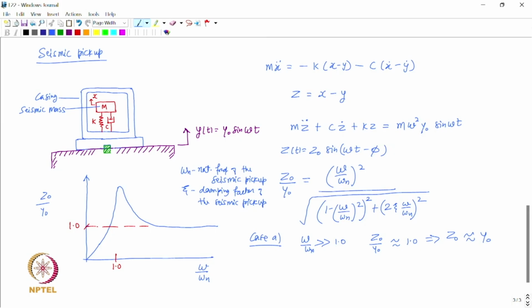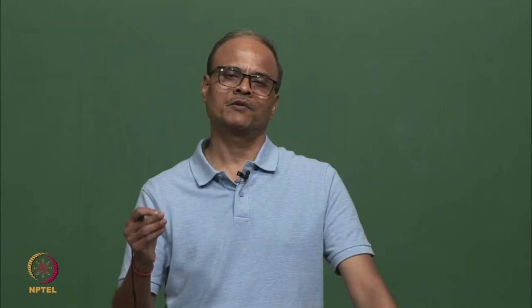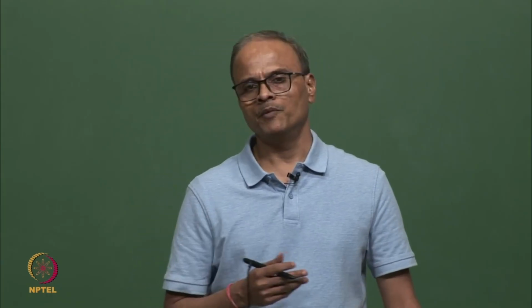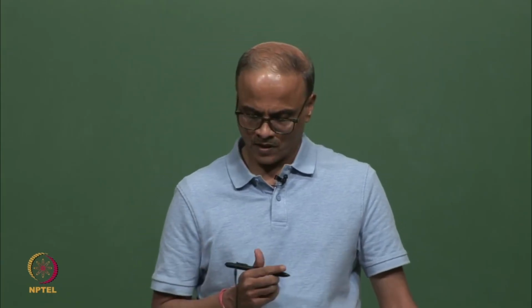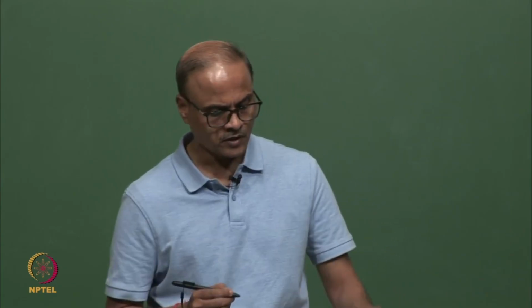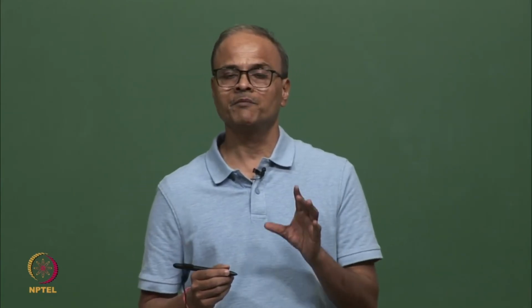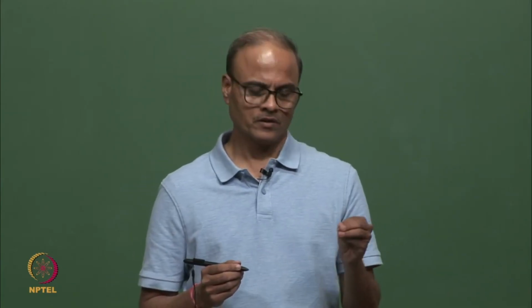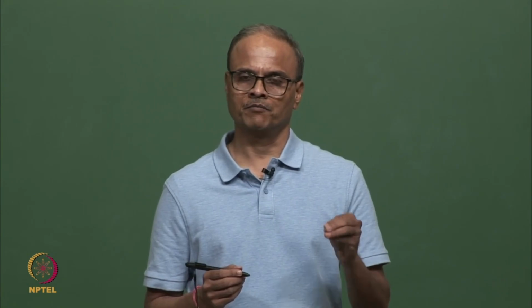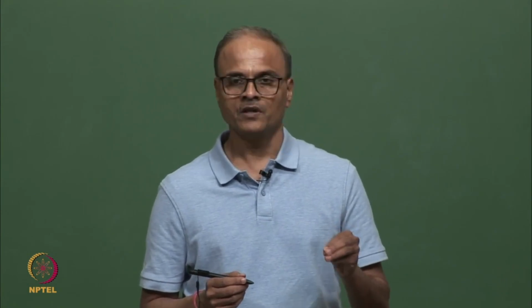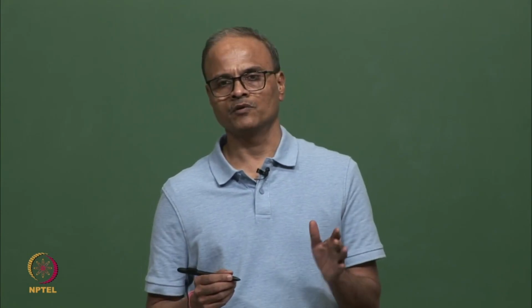So, if we want to know the amplitude of vibration of the surface, then we should measure the relative displacement of the seismic mass. That would be the estimate of the amplitude of the vibrating surface, and therefore, this pickup will act like a displacement pickup, okay, if we measure the relative displacement of the seismic mass, in the range omega upon omega n more than 1.